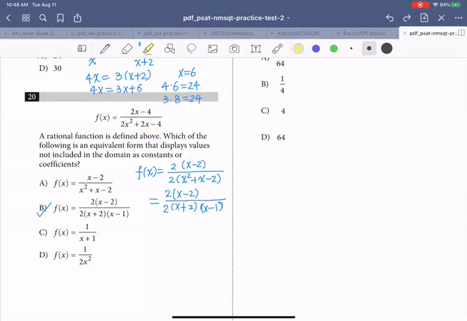Which of the following is an equivalent form that displays values not included in the domain as a constant or coefficients? So, equivalent form that displays values not included in the domain as constants.